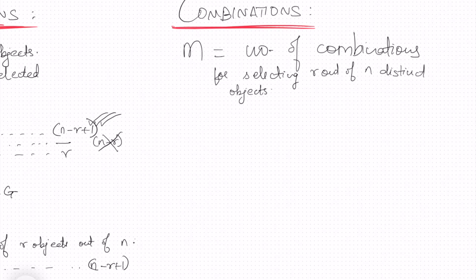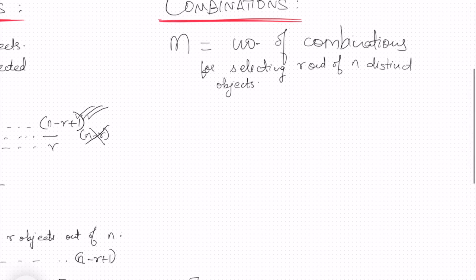So since the order of arrangement of the objects matters for permutations, and it does not matter for the combination, the only difference between these is that I must arrange those r objects in a certain number of ways, right?